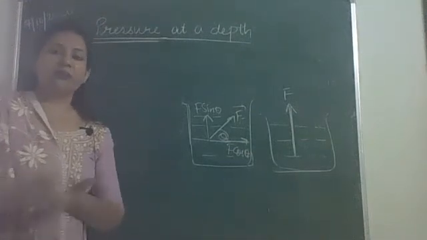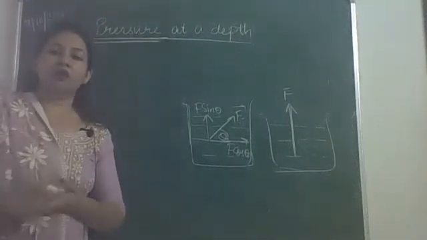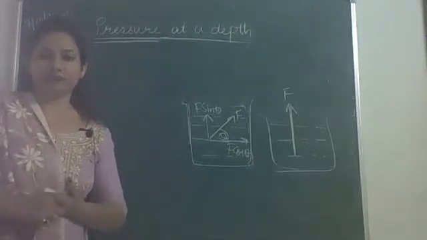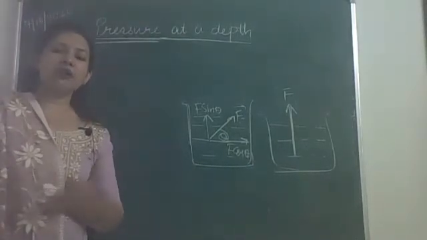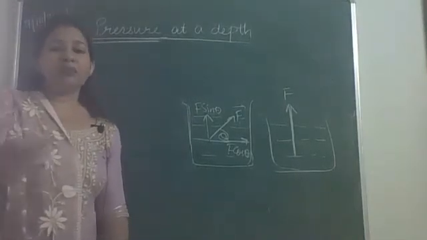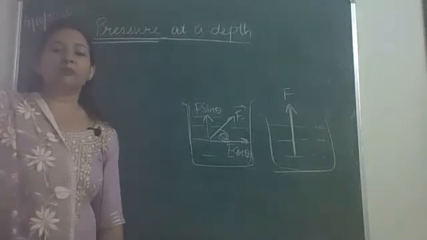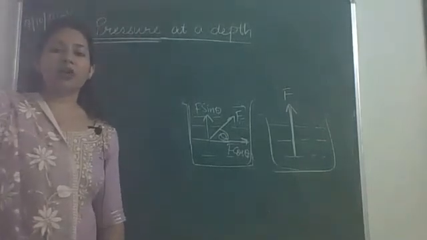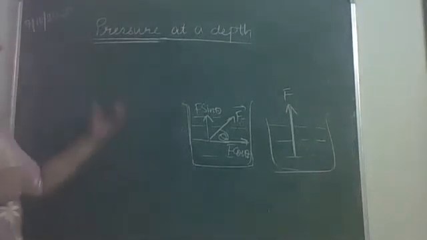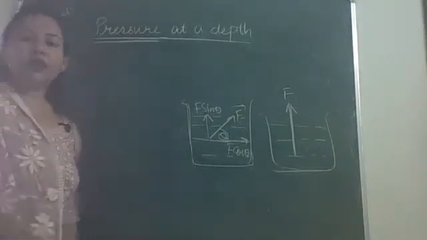They have to bear the whole of the pressure of water, which is maximum at the bottom. Whenever you swim and go into the interior, you will feel that the pressure of water increases with depth. As you go inside the water, you feel more pressure. That pressure at a depth we are going to derive now.